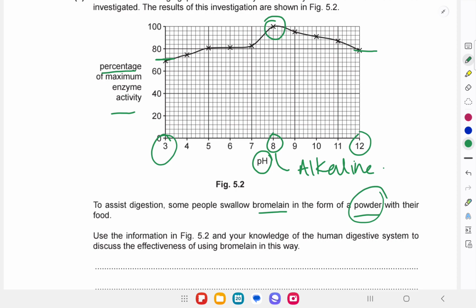So it has a very high range. They are not denatured easily, even due to the stomach acid, which has a pH of 2. It would be most active in the small intestine as it has an alkaline environment.